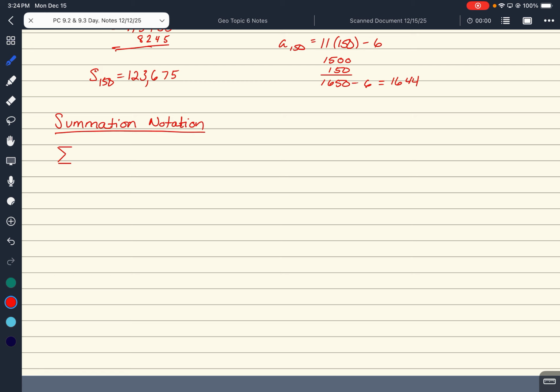Okay, that is a sigma. Down here they usually use i. We used n. I'm going to put i equals 1 to n of f of x. That f of x is your formula, your rule, or your definition.